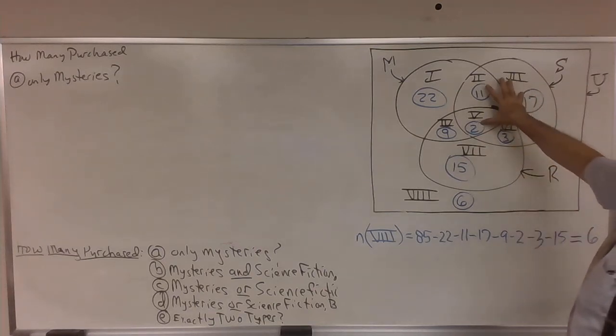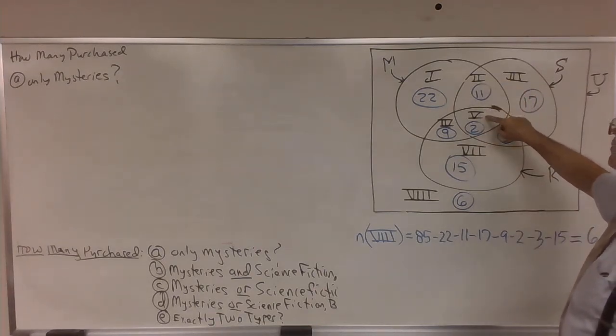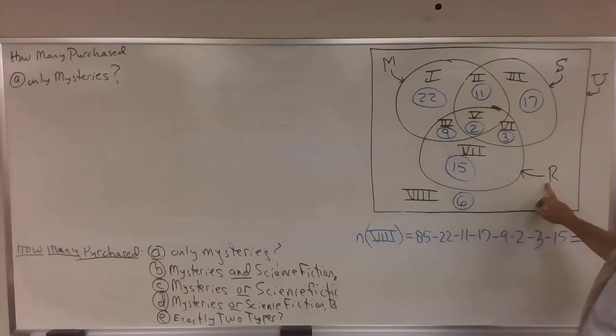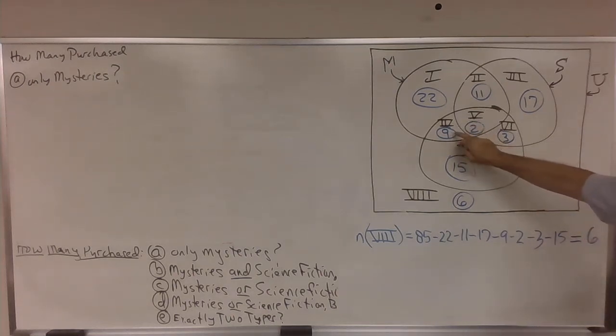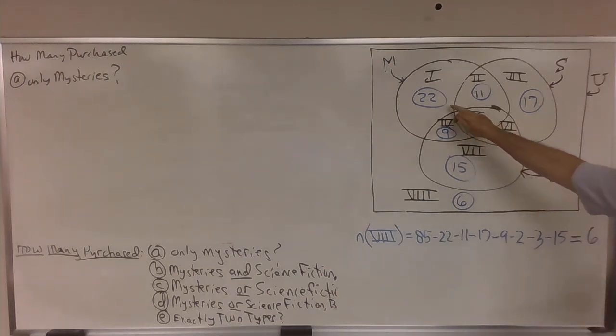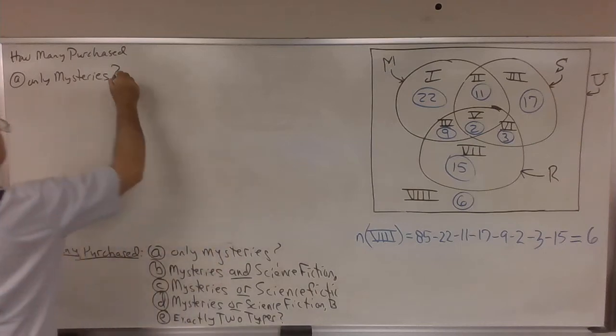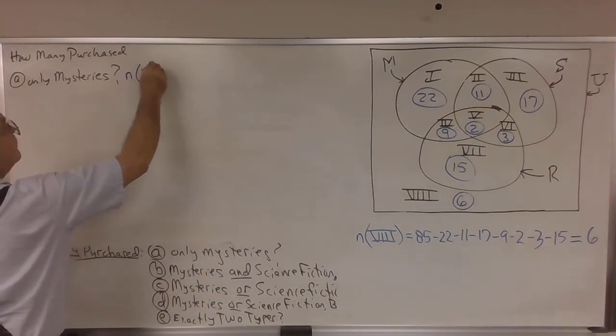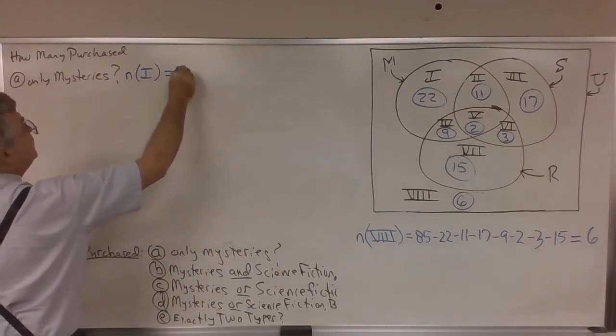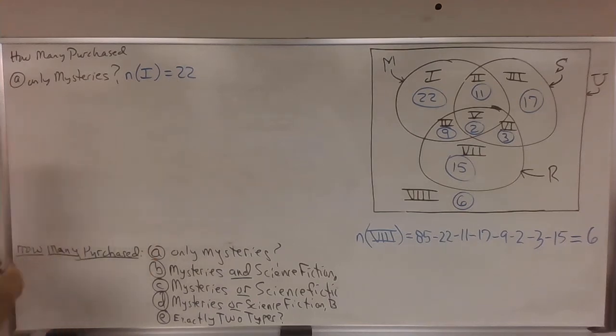So they're not in regions 2 and 5, and not in regions 4 and 5. The people who bought only mysteries are the number of people in region 1, and that's 22. Okay.